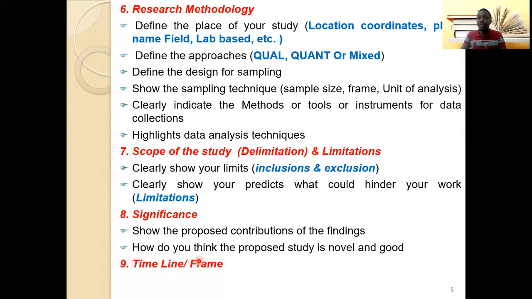Maybe from this time to this time, I will be doing the field study. From this time to this time, I will be doing data collection. From this time to this time, I will be doing data analysis. And then from this time to this time, I will be doing interpretation and report writing. And at the end of the day, I will do this and this. And this one will cost about this amount of materials.